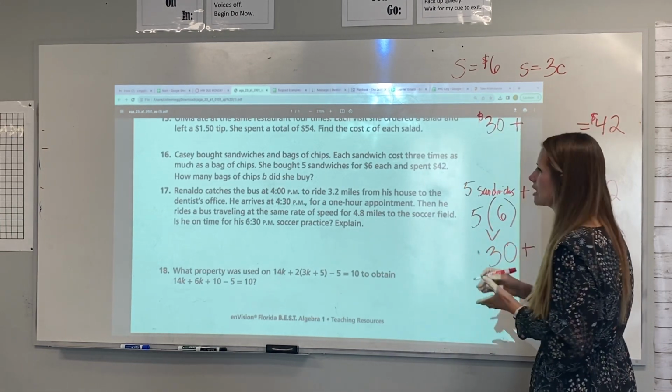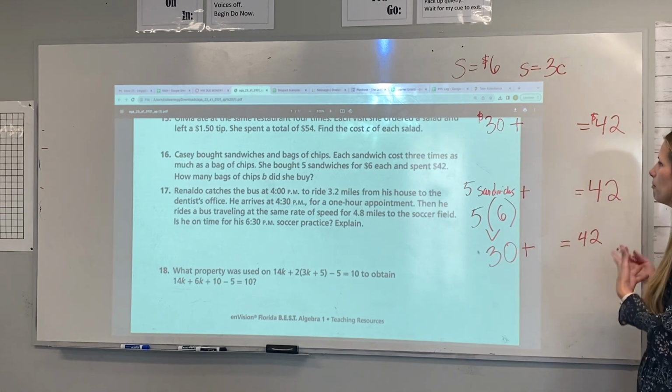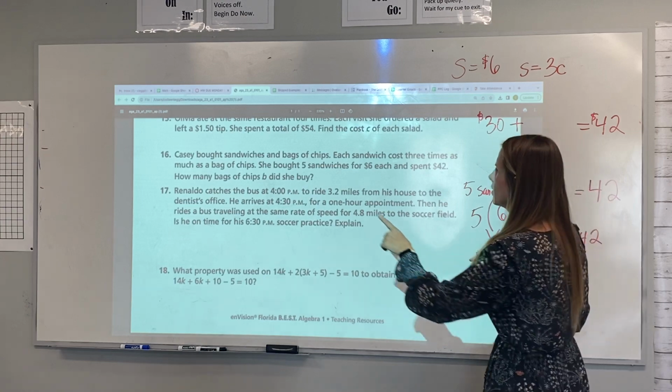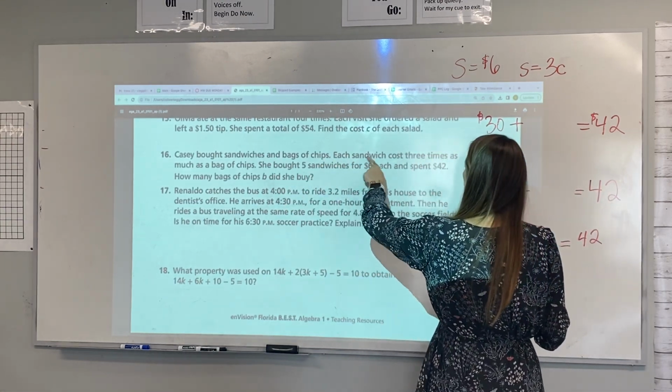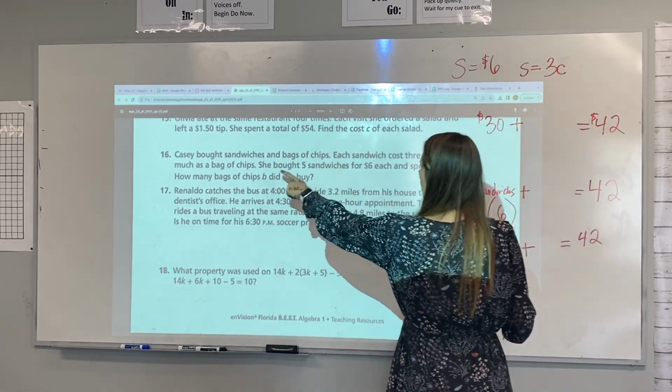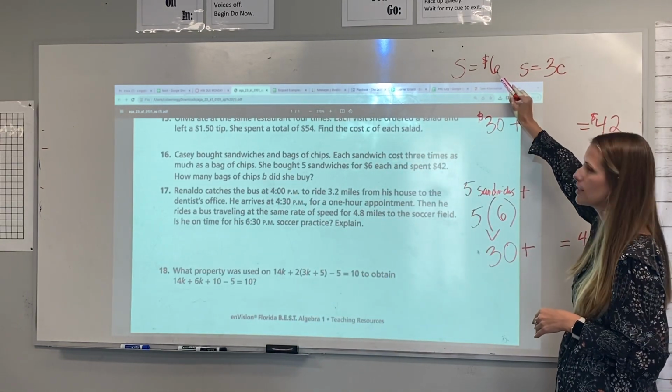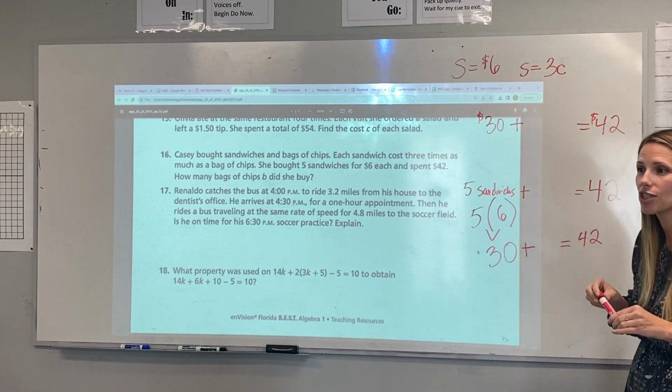And she spent some amount of money on bags of chips. She bought sandwiches and bags of chips. Each sandwich costs 3 times as much as a bag of chips. So if we know the price of sandwiches, do we know the price of the chips?